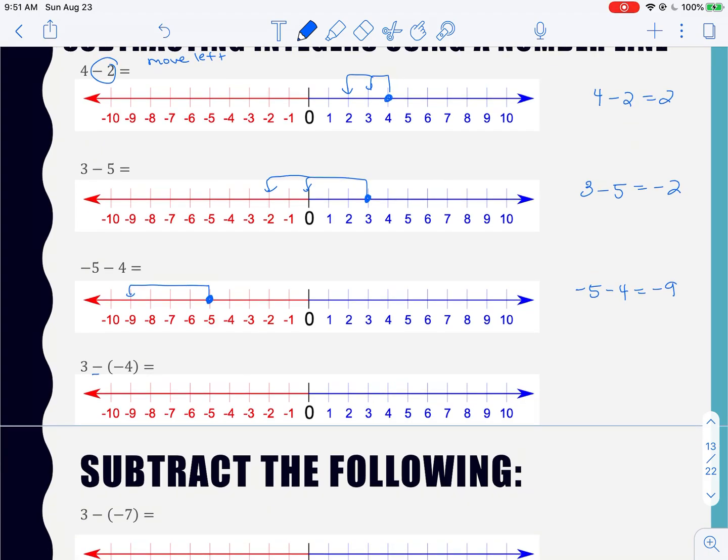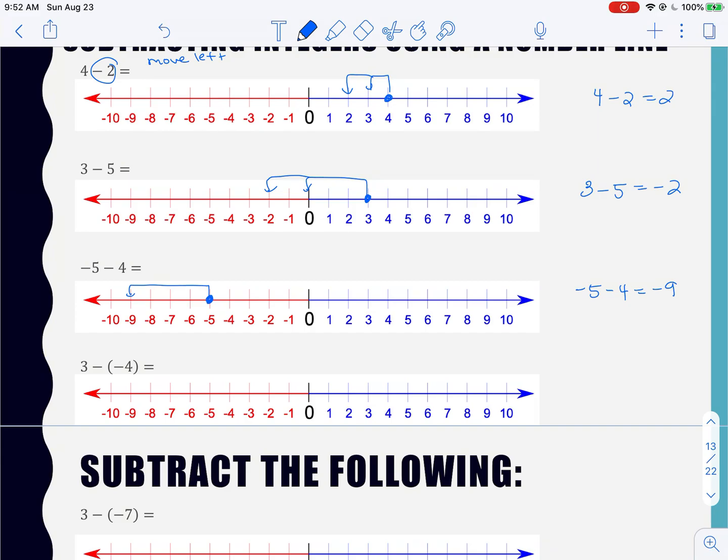Now where things get fun is, what does it mean if you're going to do 3 minus the opposite of 4? What happens when we looked up above, when we had the opposite of negative 7? It became a positive 7. So you can add a line and change the sign. Some of you guys might have learned about that. Or another way of thinking about it is we're subtracting negatives.